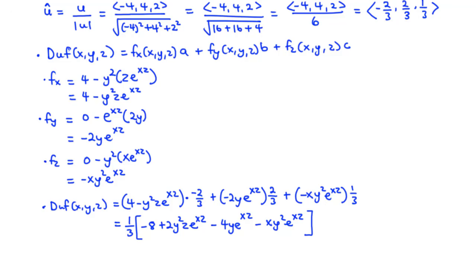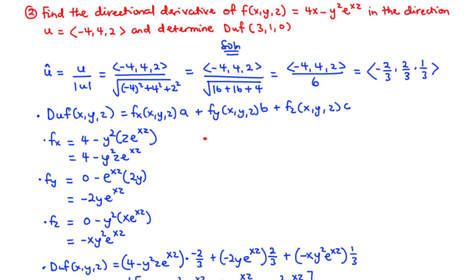Now we are asked to find the directional derivative at the point 3, 1, 0. So we have x to be 3, y to be 1, and then z to be 0.